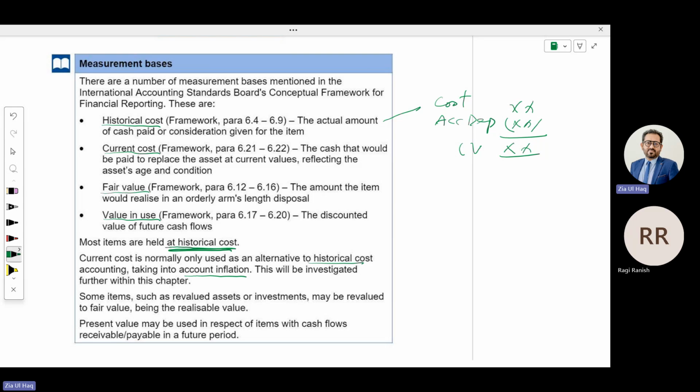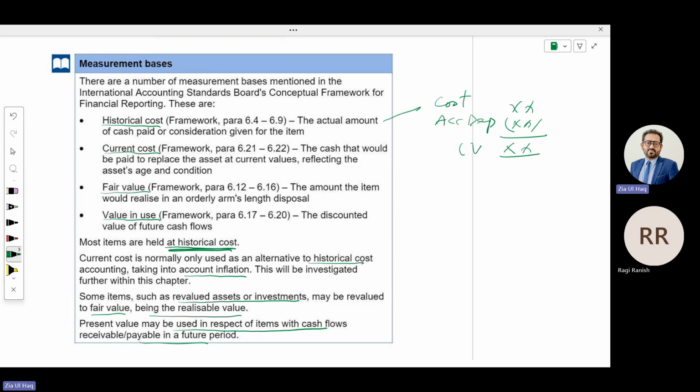This will be investigated further in this chapter. Some items such as revalued assets or investments may be revalued to fair value, being the realizable value. Present value may be used in respect of items with cash flows, based on value in use.